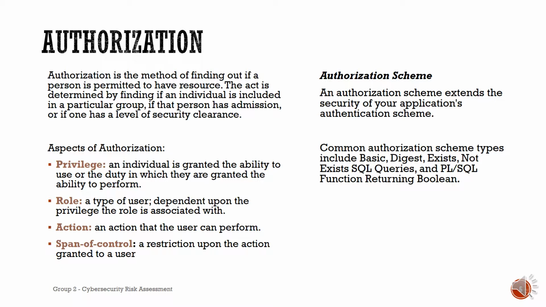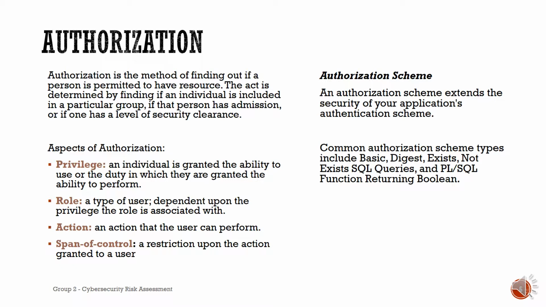An authorization scheme extends the security of your application's authentication scheme. You can specify an authorization scheme for an entire application, page, or specific control such as region, item, or button. For example, you can use an authorization scheme to selectively determine which tabs, regions, or navigation bars a user sees.